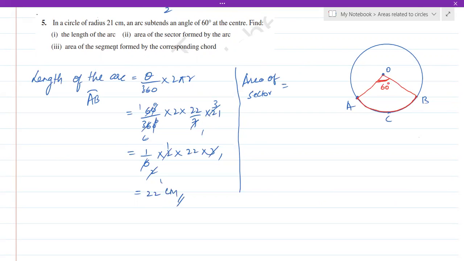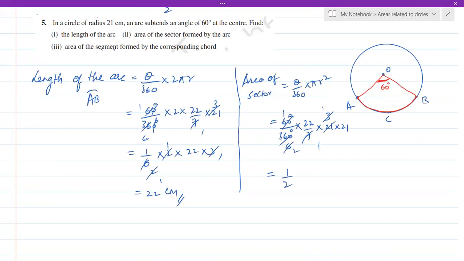Okay, area of the sector is given by the formula theta by 360 into pi r square. So theta is 60 degrees divided by 360 degrees into pi is 22 by 7, r square. So r is 21, so r square will become 21 into 21. So 6 ones are 6, 7 ones are 7, 7 3s are 21, again 3 ones are 3, 3 twos are 6.